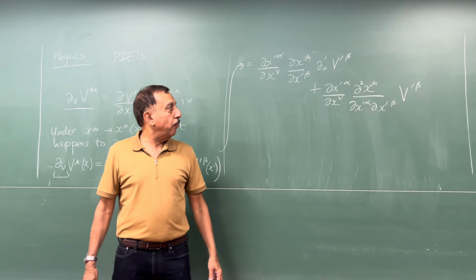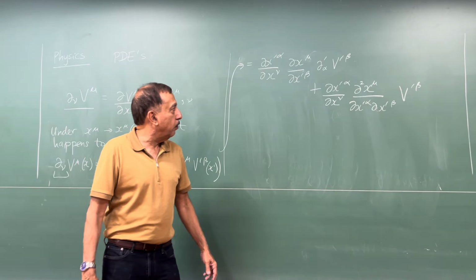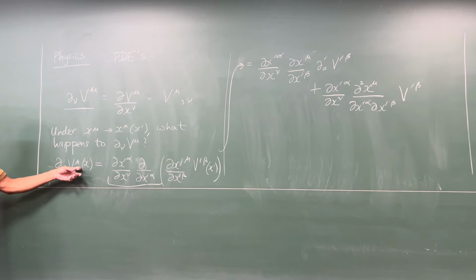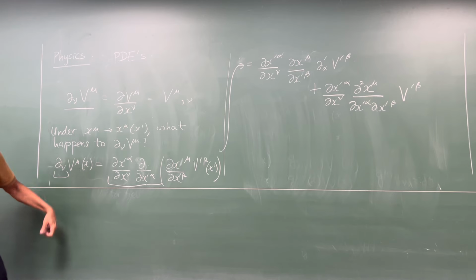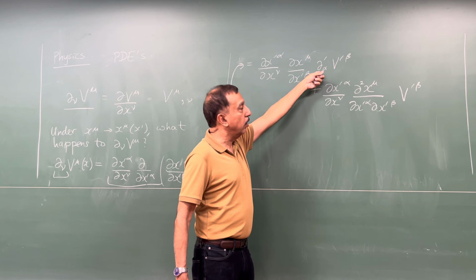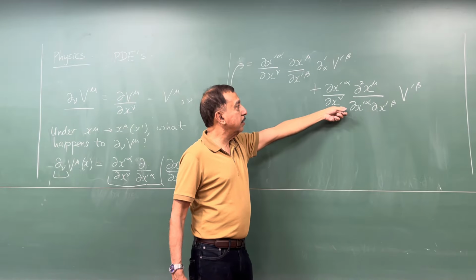But that isn't enough for life to be good, because now you see a problem. Supposing the vector was constant. After all, a constant vector is the easiest kind of vector you can think of. Then constant, independent of all the x's, t, x, y, z. Then del nu of v would be 0. In the new coordinates, this term would be 0, but this term would not be 0.